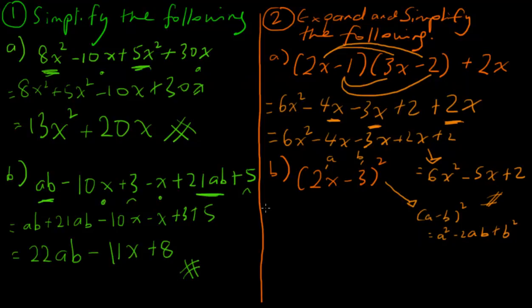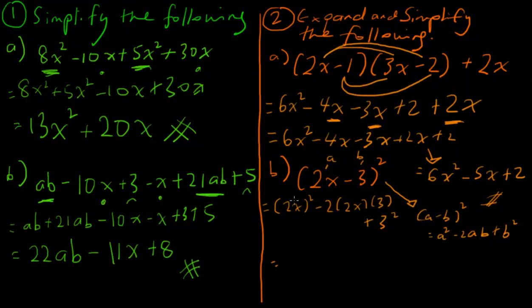Applying this formula, it's a very useful formula. A squared is 2x squared, minus 2ab. a is 2x, b is 3, plus b squared. b is just 3 squared.